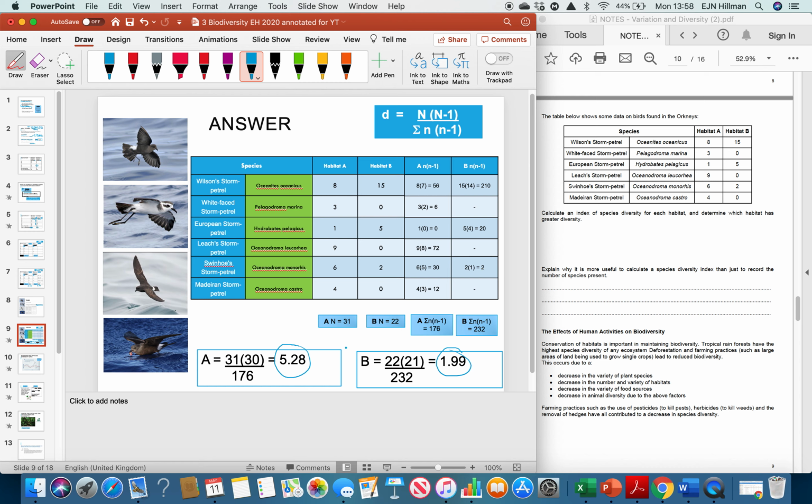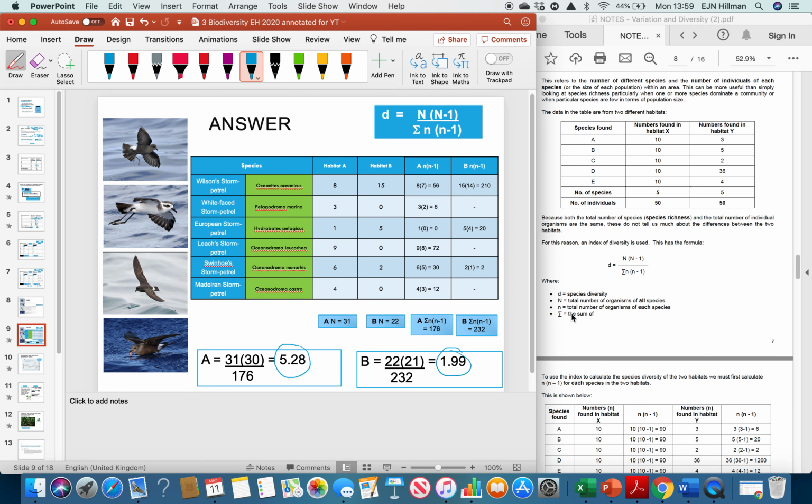But you would need to show your working by drawing a table similar to this and calculate the values for capital N, the total number of organisms of all of the species, and then the sum of all of the lowercase n's, the total number of organisms of each species.